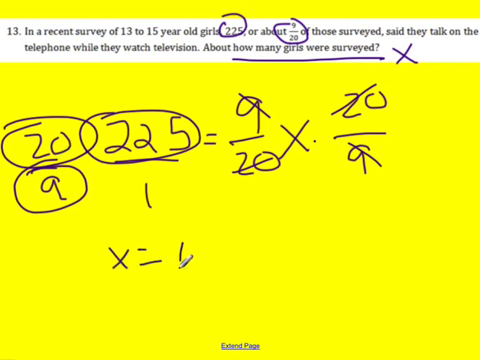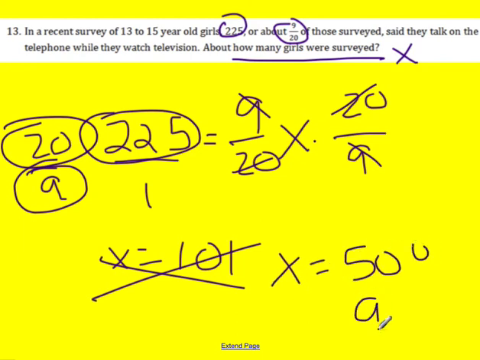And when I do that, I get 101. That can't be right. So let's take a look. We're going to do 225 times 20 divided by 9. Goodness gracious. So that's 500 girls. So there were 500 total girls that were surveyed.